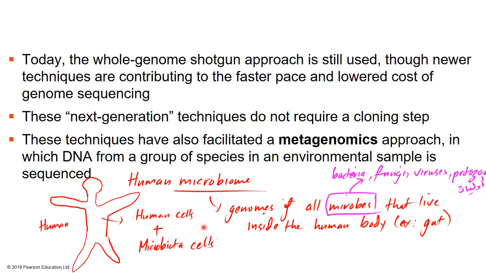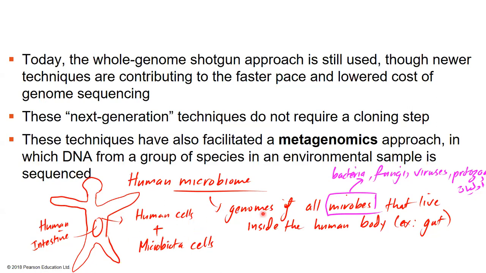So microbiota is basically all the other organisms, all the microbes that live inside the human body or on the human body. So we have inside our, let's say, intestine, billions of organisms, bacteria and many other organisms like fungi, فطريات, viruses, protozoa, أوليات, living inside our bodies.